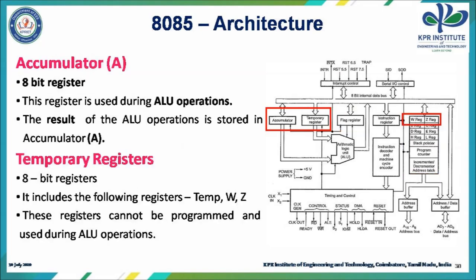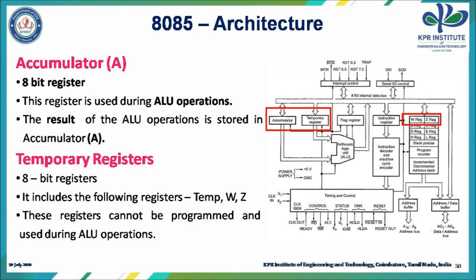The accumulator is also called the A register. This accumulator is an 8-bit register and it is used during all ALU operations. During an ALU operation, one data is kept in the accumulator and the result of the ALU operation is also stored in the accumulator only.